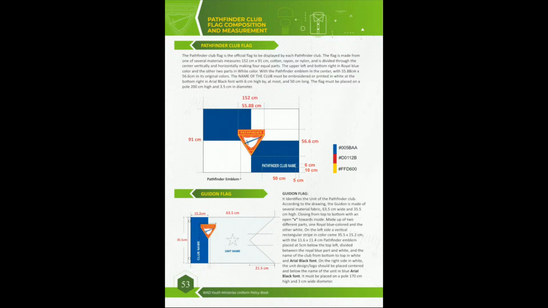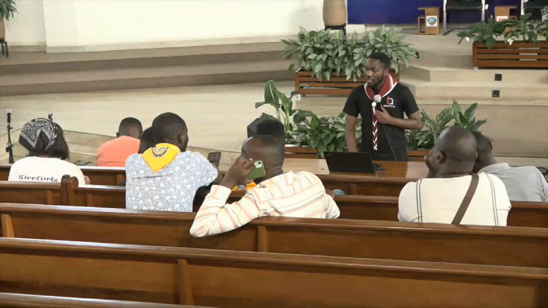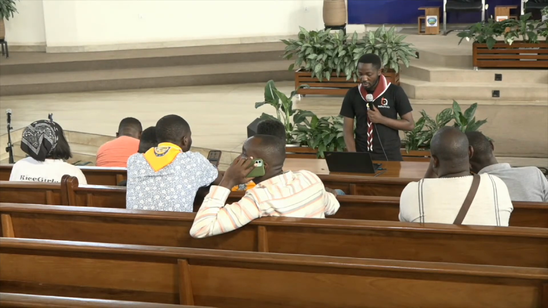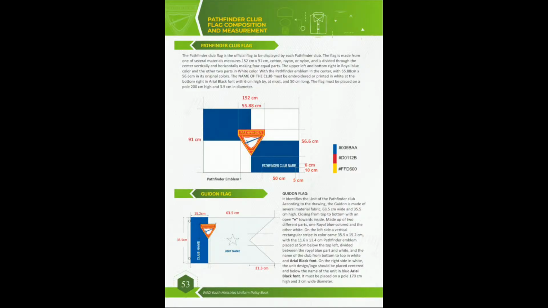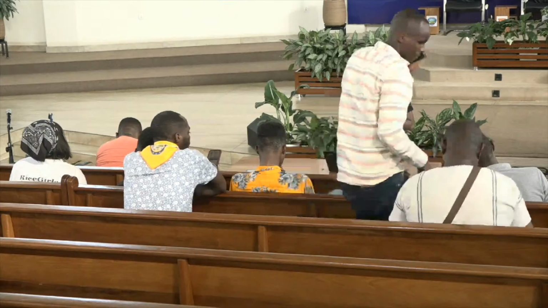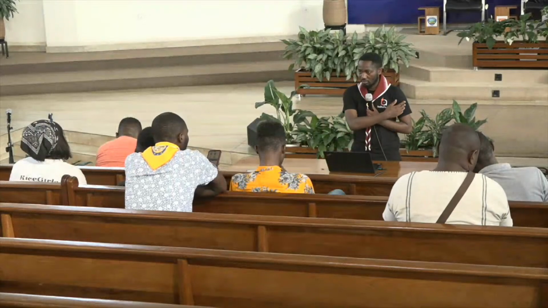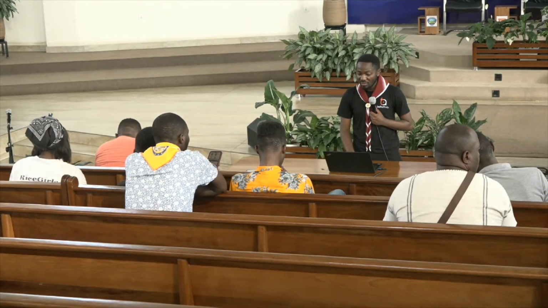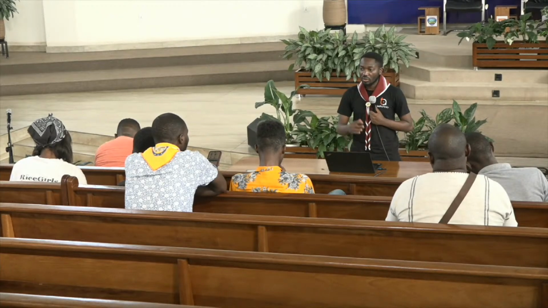Look at the second one in the middle. On that one in the middle, we have our union emblem there and our world adventurer logo. But sometimes if your union doesn't have anything, you can put a national flag there. Even if you have it here, you can still put your national flag.